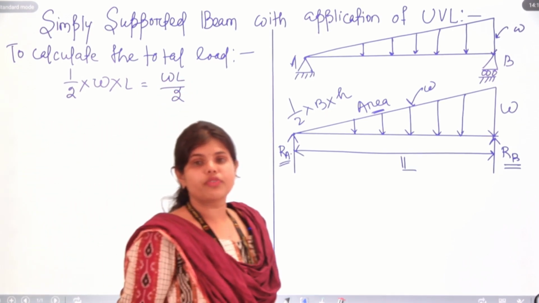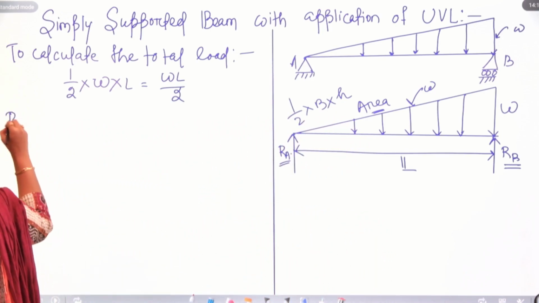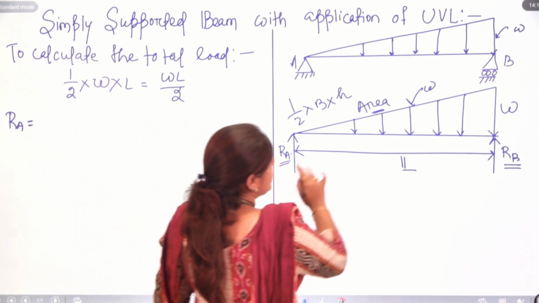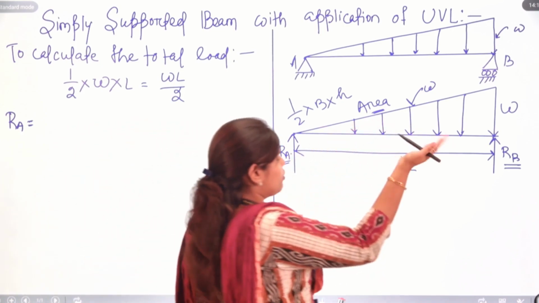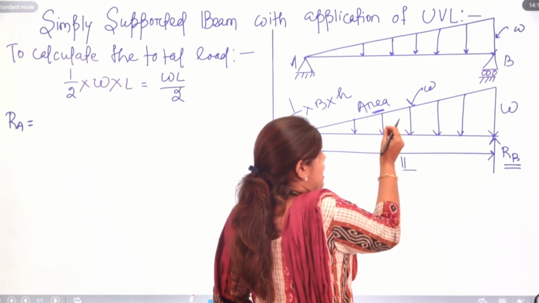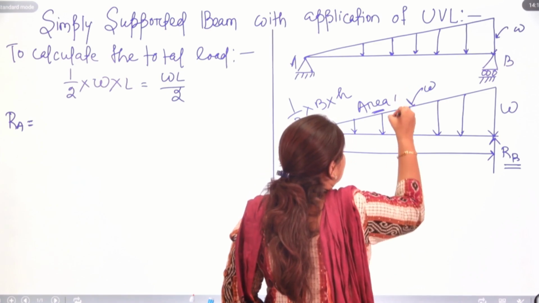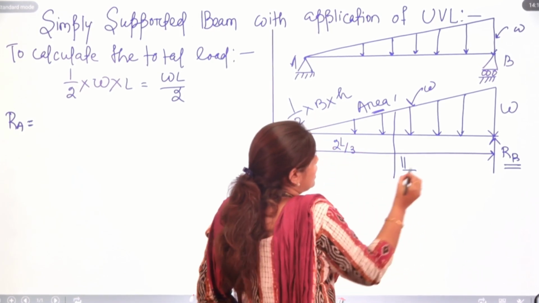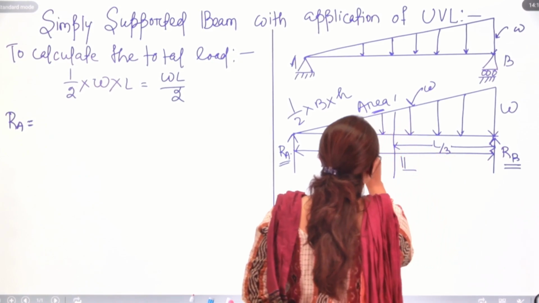Now our work is to find out the reaction forces. The reaction force at point A will be what? In case of a triangular shape, we know from before that when we equalize these forces at some point, in case of a triangular structure, one point is 2L by 3 and another is L by 3, right?